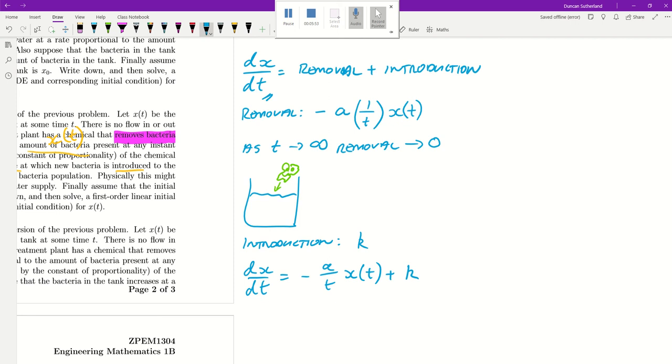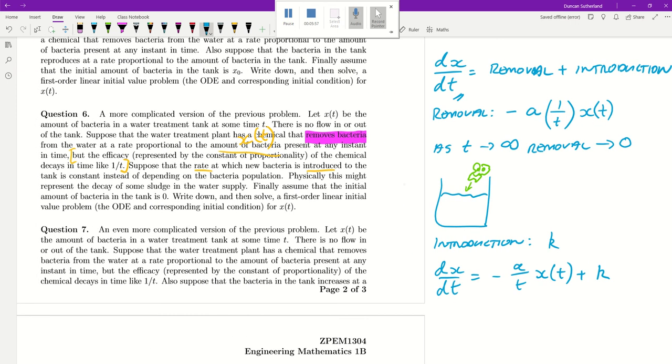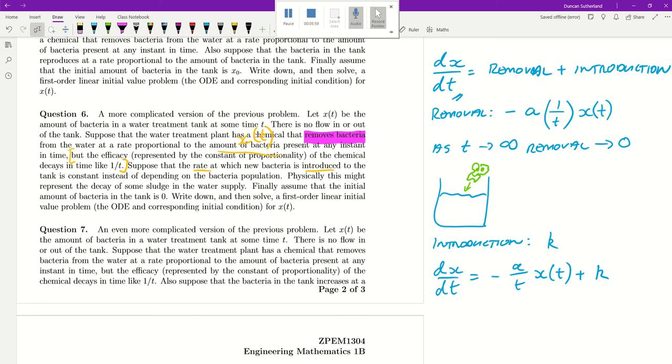Now this is a linear first order ODE. We need an initial condition to solve for a particular solution. And finally, assume that the initial amount of bacteria in the tank is 0. So whatever's coming inside the tank, physically, this might represent the decay of some sludge in the water supply.